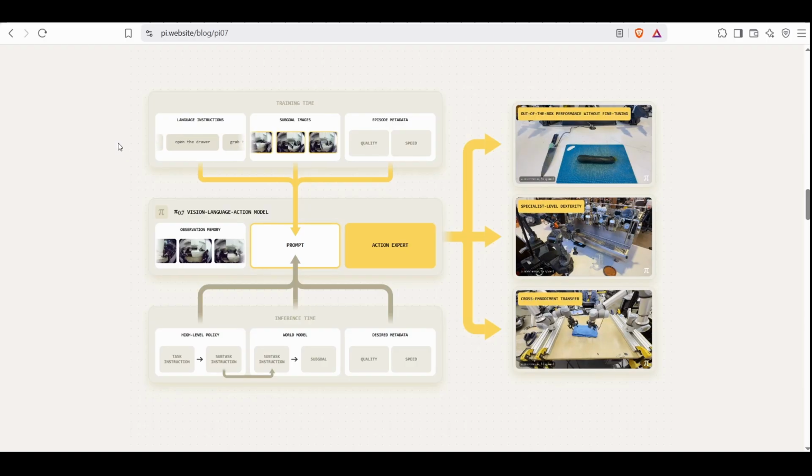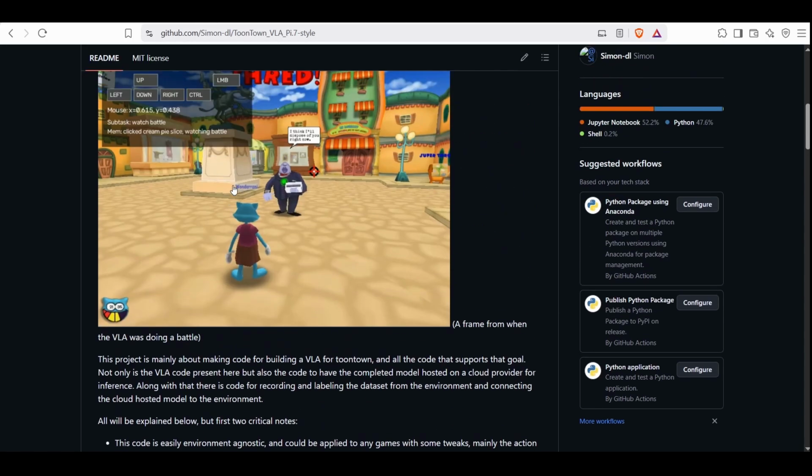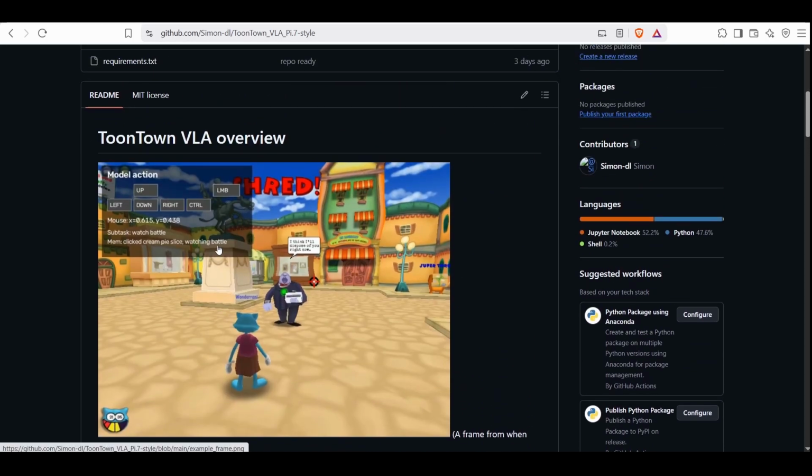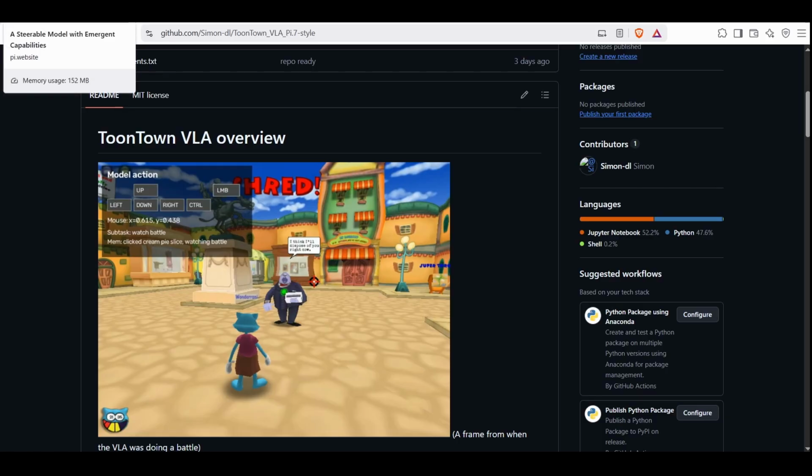But first, I want to go over this model and explain how this ends up generating actions that look like this for Toontown. I'm going to go through that bit by bit, and we'll get started with that.